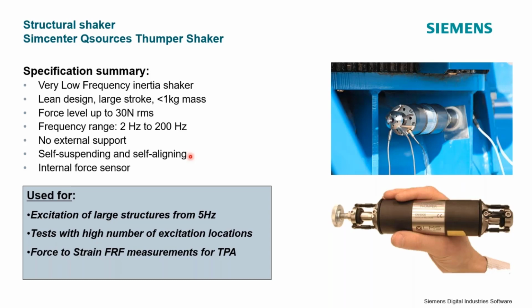This proprietary suspension inside all of the shakers, but inside this thumper here, keeps essentially all of this inertial mass that you see here in this dark gray, the inertial mass that's going to be used to actually put the force in, decoupled from this portion that you glue on to the structure.